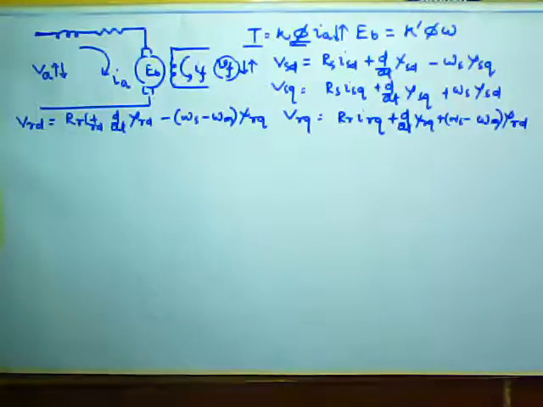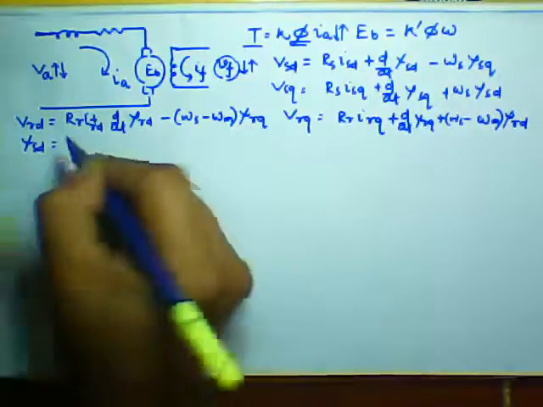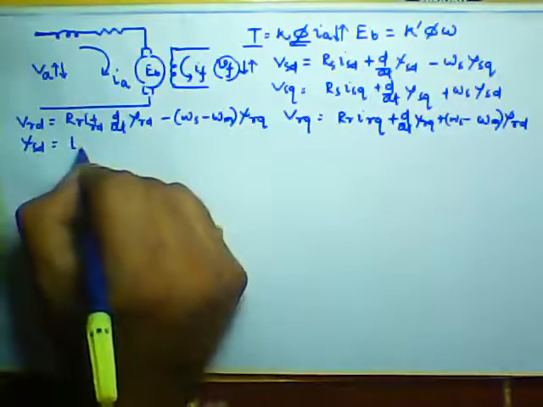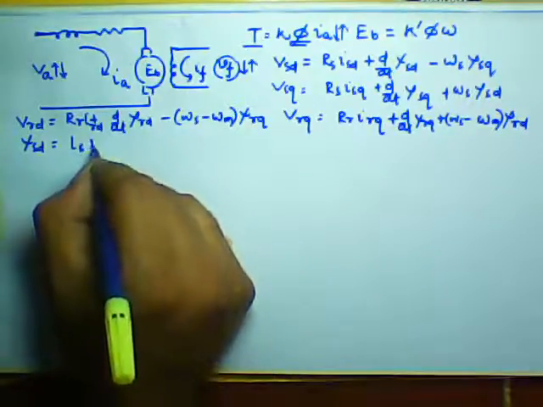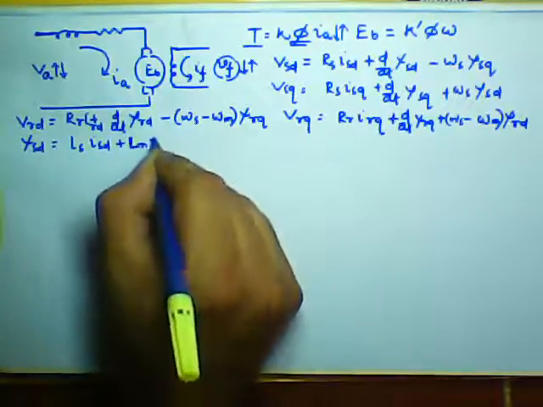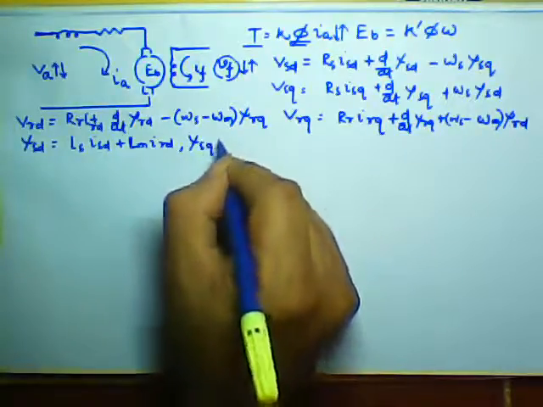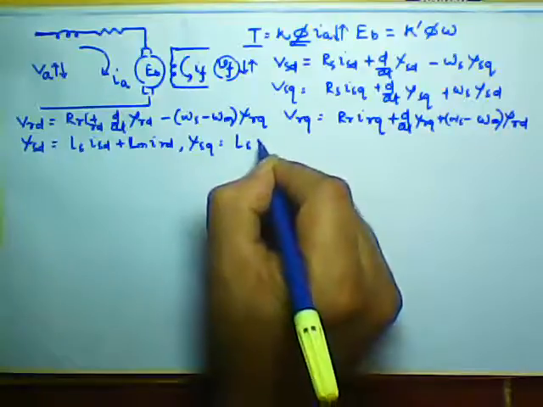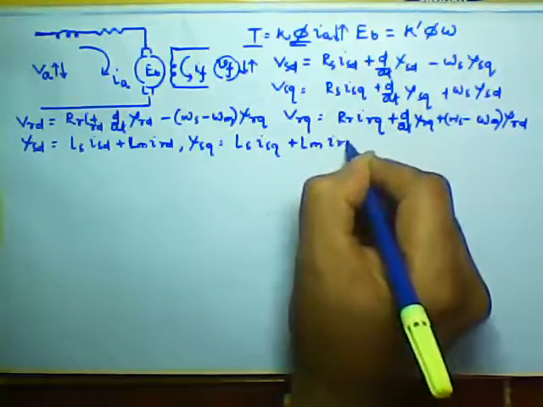Now we have to write down the flux equations of an induction machine. So psi SD is equal to LS ISD plus LM IRD, and psi SQ is equal to LS ISQ plus LM IRQ.